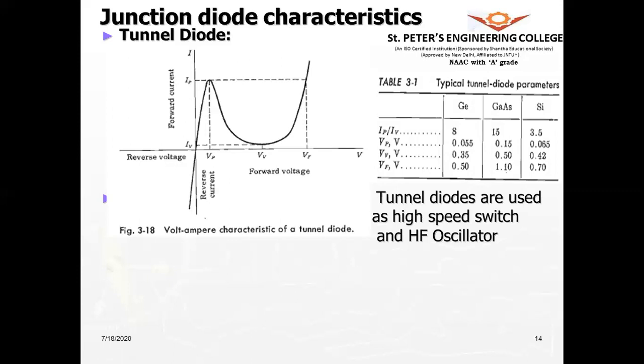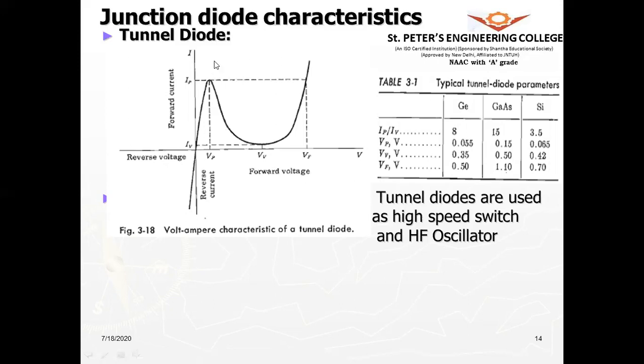The problem with a junction diode is that if you want it to work as a simple switch, you have to go into the forward bias region, then go to the reverse bias region, and we saw just now that the minority charge storage time contributes to the delay in switching, whereas in the tunnel diode there is no such drawback. Therefore the tunnel diode will be used for high speed switch operation, and it is used as a high frequency oscillator.